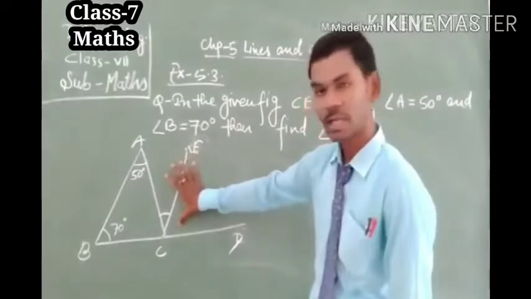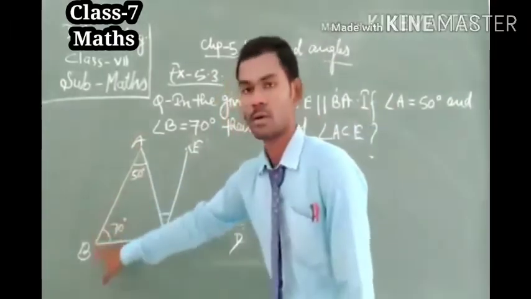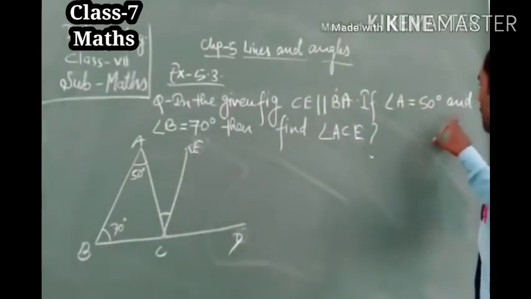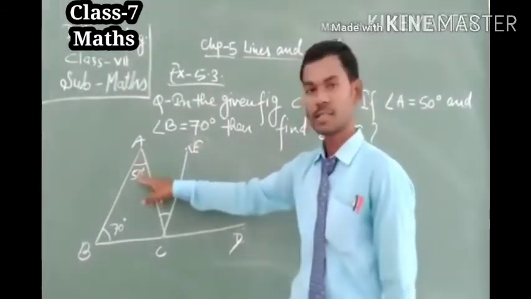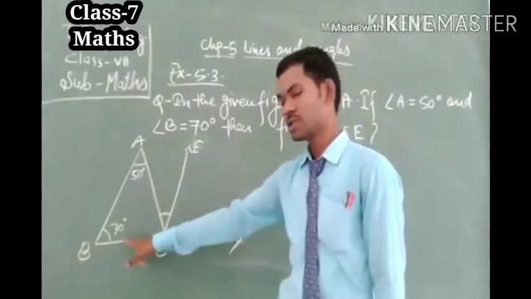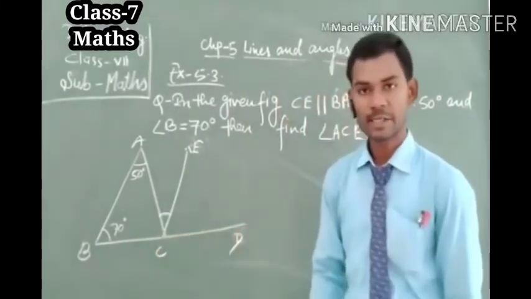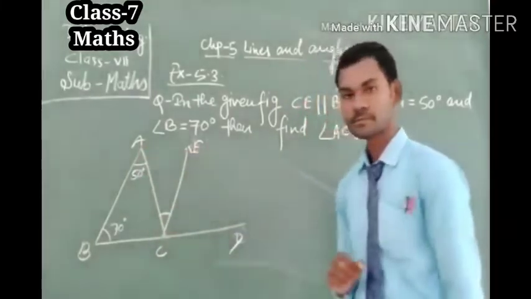And if angle A is equal to 50 degrees and angle B is equal to 70 degrees, then we have to find angle C or angle ACE.